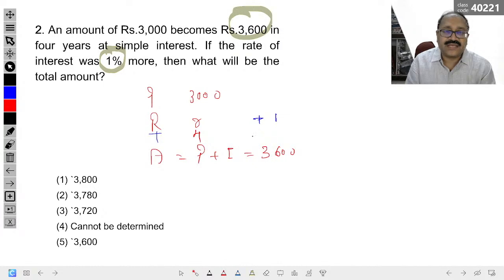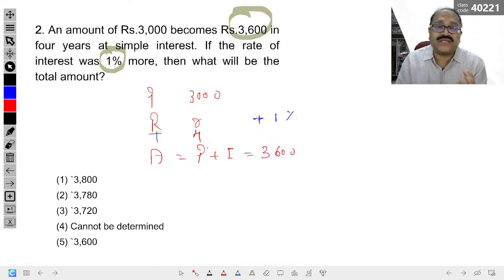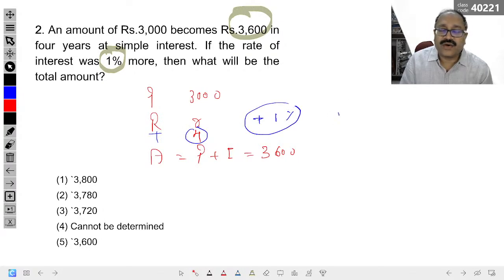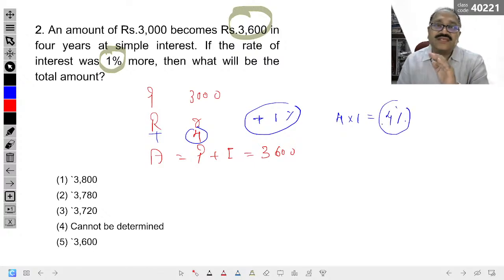So if it is increased by 1%, then interest will increase by how much? 4 into 1. The interest will increase by 4%.